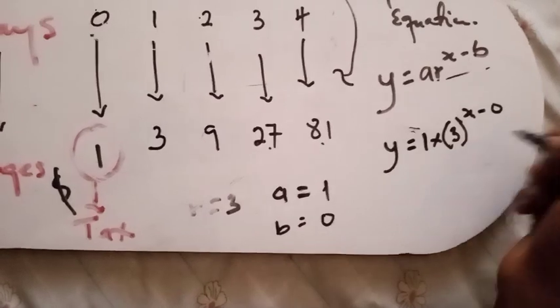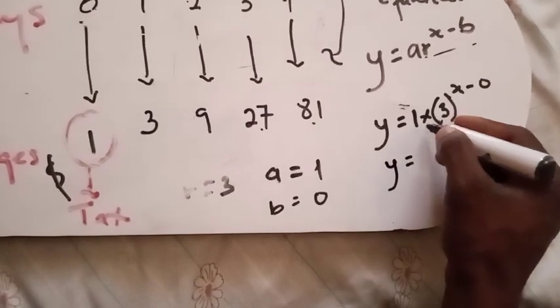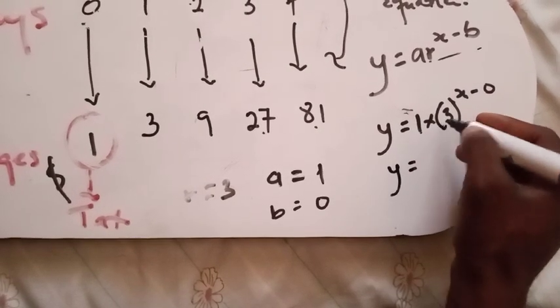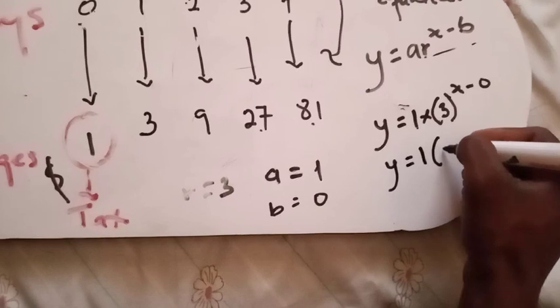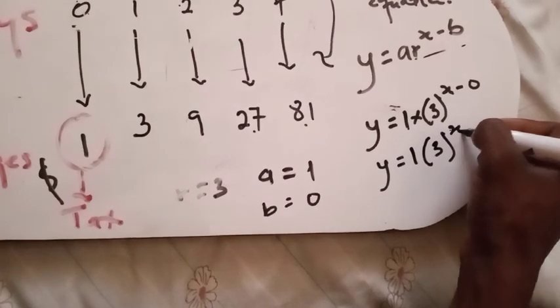Is that okay? So in order for you to break this down, you have y equal to 1 multiplied by... You have to check this exponent first, because the 1 is multiplying this. Don't make that mistake. So 1 multiplied by 3 raised to the power x minus 0, it is still x.